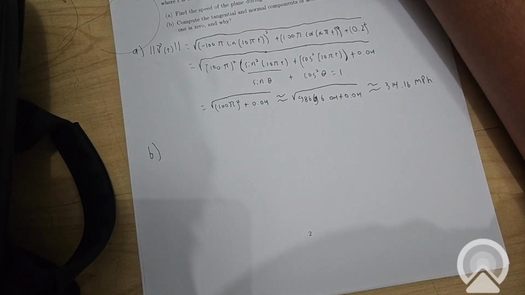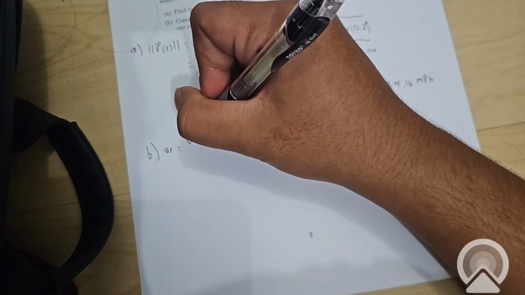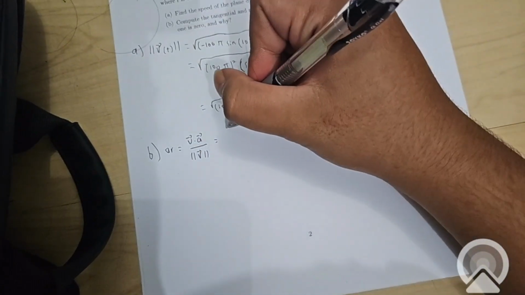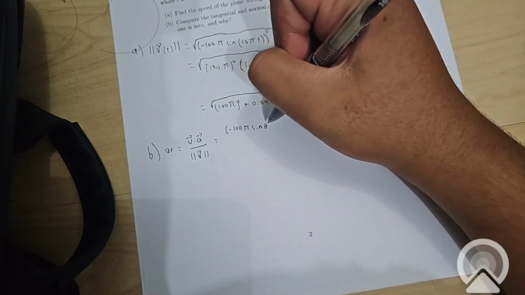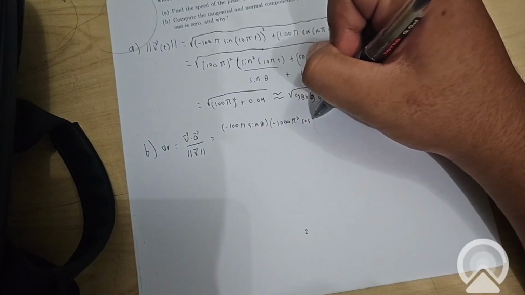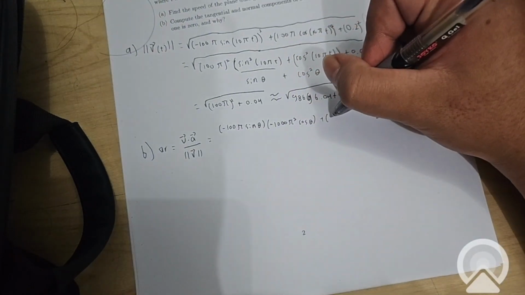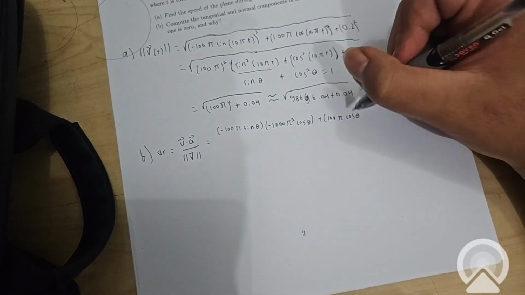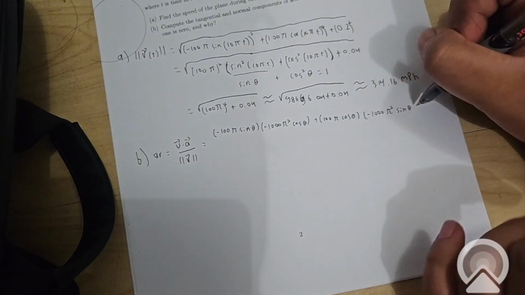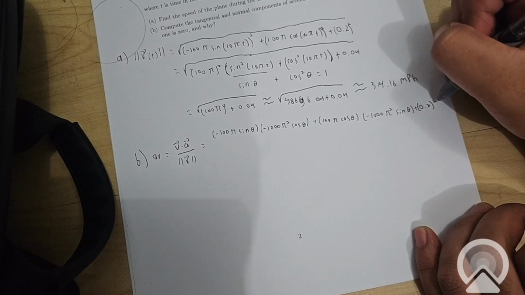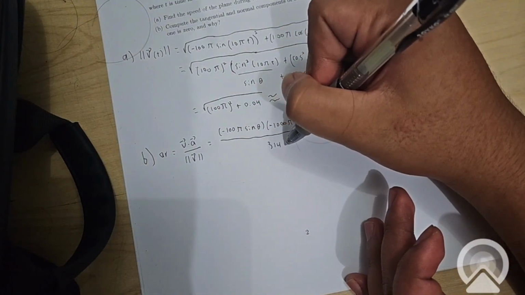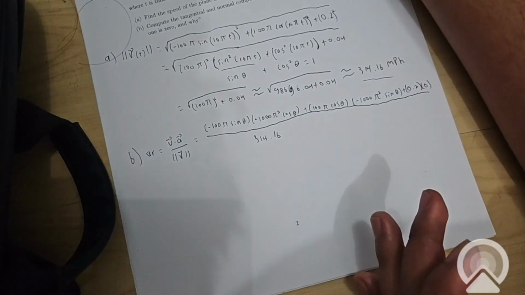And then next we want to compute part B, which is the tangential and normal components of the acceleration. So here we have a_T is equal to v′ · a over the magnitude of v, which is −100π sin θ, −1000π² cos θ plus 100π cos θ, so −1000π² sin θ plus 0.2 times 0, over 340.16, which is the speed.